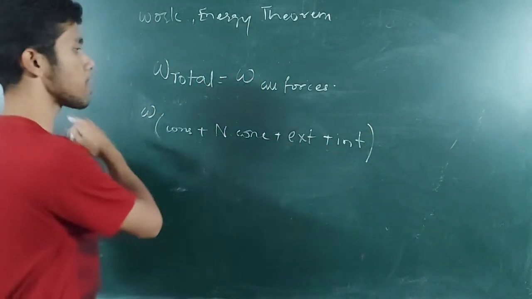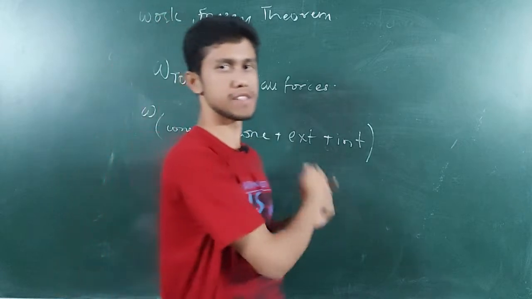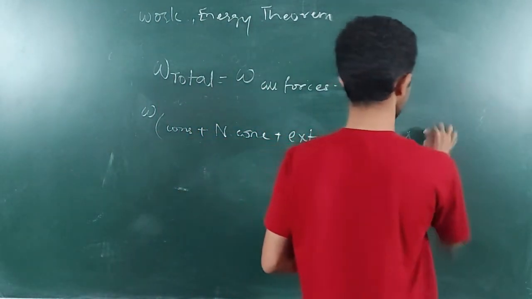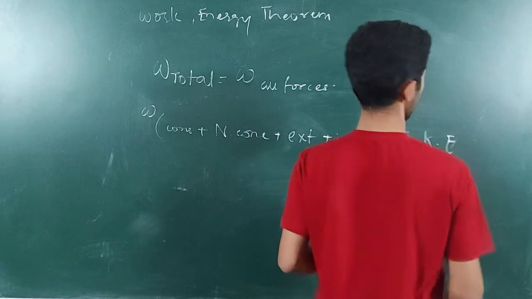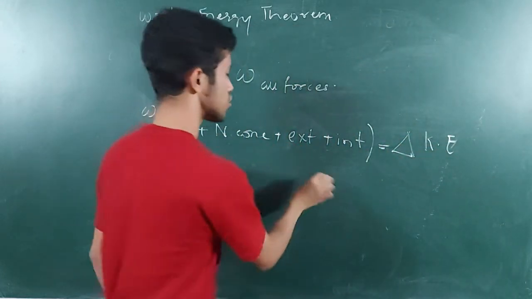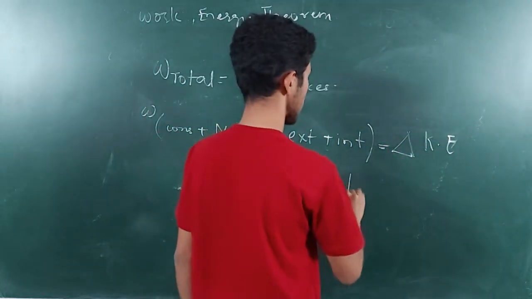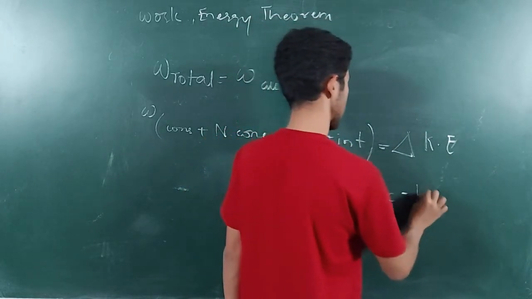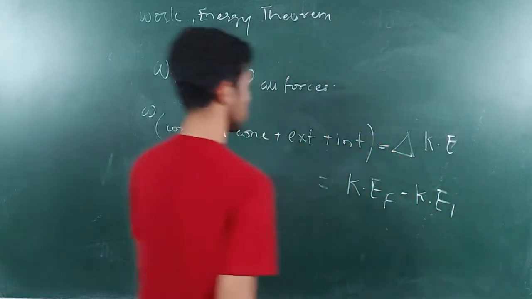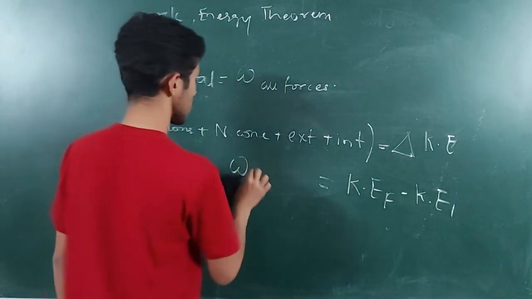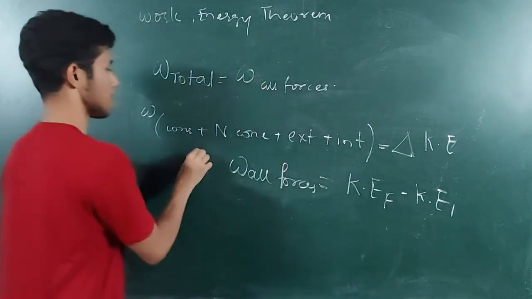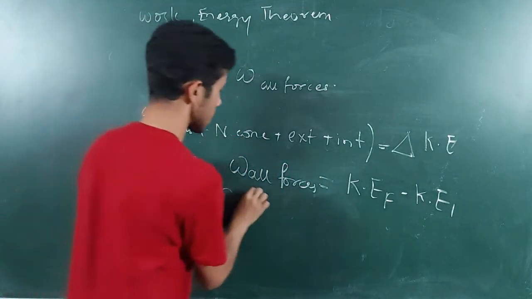This is equal to the change in kinetic energy of the body. I can write this change as kinetic energy final minus kinetic energy initial, which is equal to the work done by all forces. This is the final equation of the work energy theorem.